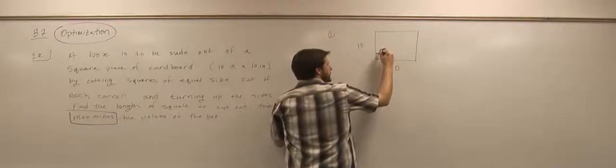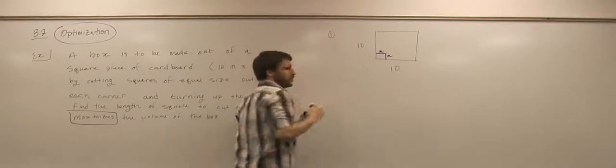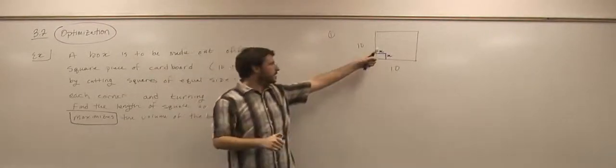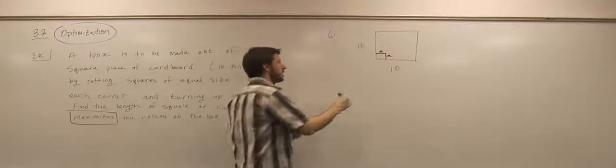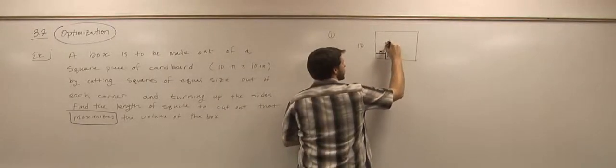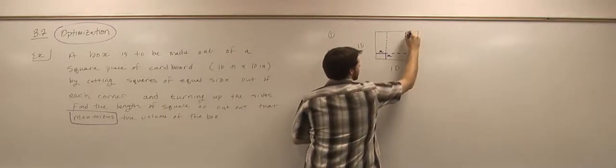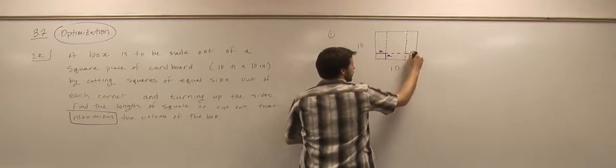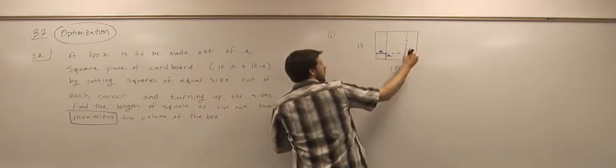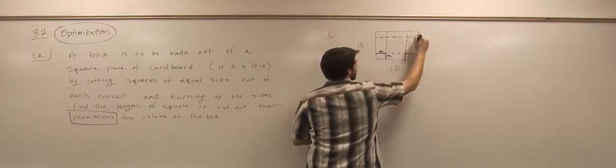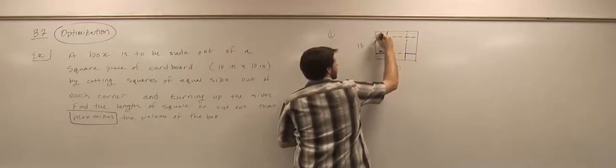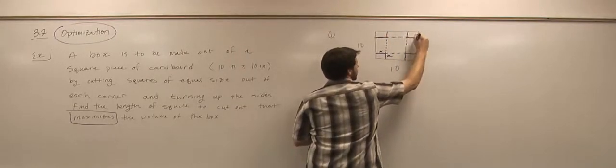So we don't know how big this is, let me call it a variable. Since I'm cutting out a square, I'm going to label both sides x. And then I have to cut the same amount out of every corner. So I'll have another square I cut out here, another square here, and another square here.